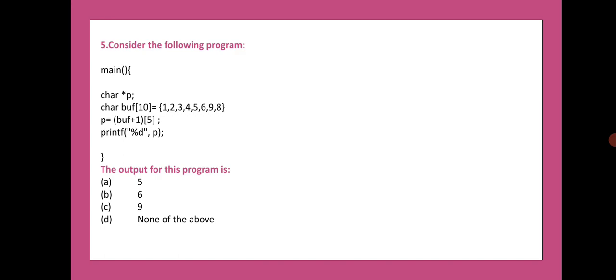See, if the type of an expression is array of t for some type t, then the value of the expression is a pointer to the first object in the array, and the type of the expression is altered to pointer to t. So I repeat, here we have character type, right? Then the value of the expression is a pointer to the first object in the array.